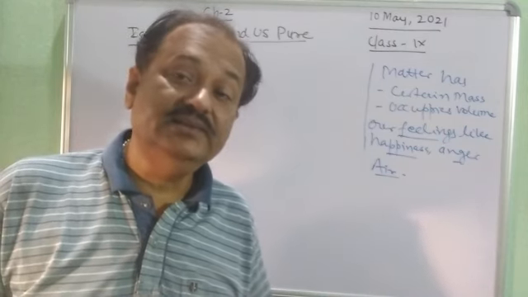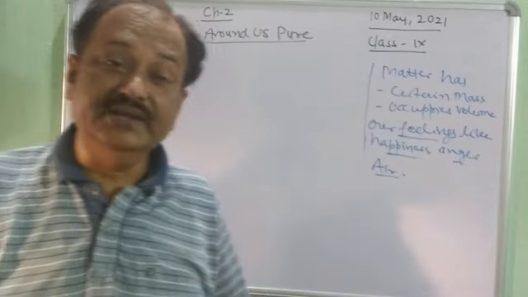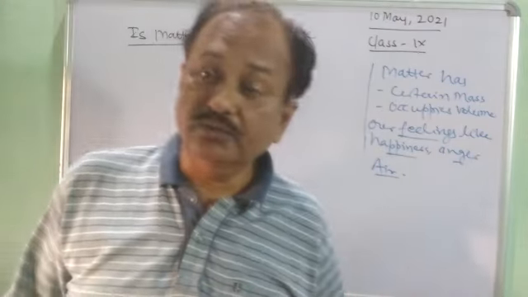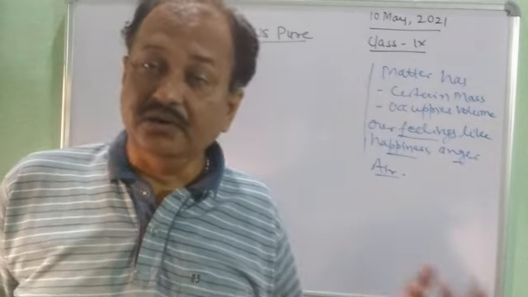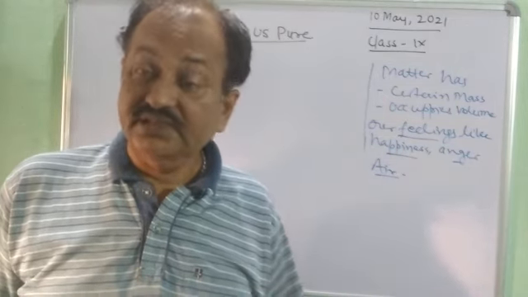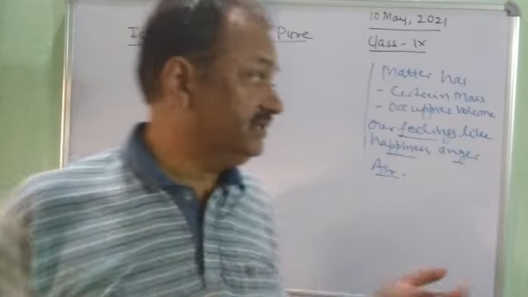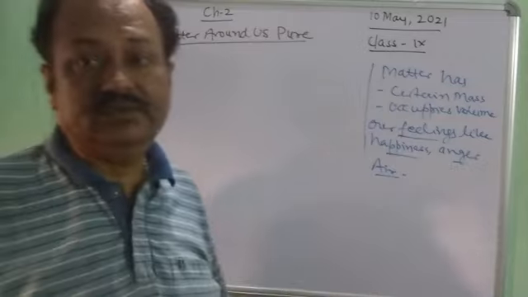Air is a type of matter because it is made up of different components. It is made up of oxygen gas, hydrogen gas, carbon dioxide, water vapors, dust particles, and many more, countless. So this is the basic introduction about matter.